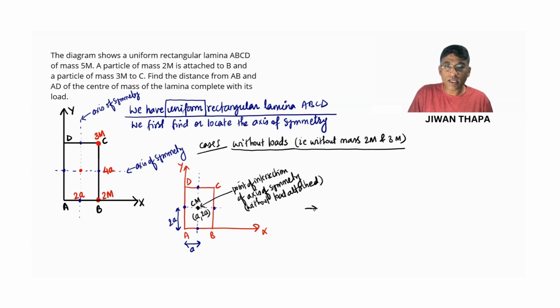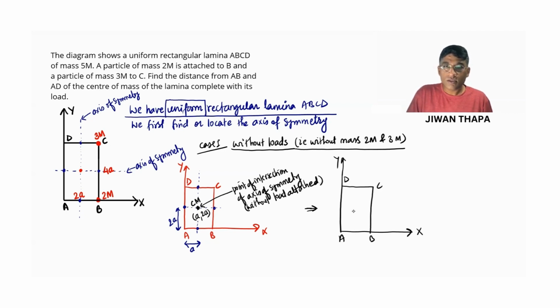Therefore, we can draw this diagram over here. This is X, this is Y. This is A, this is B, this is C, this is D, without load.